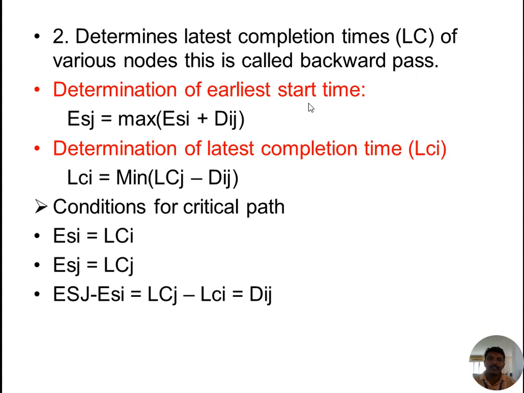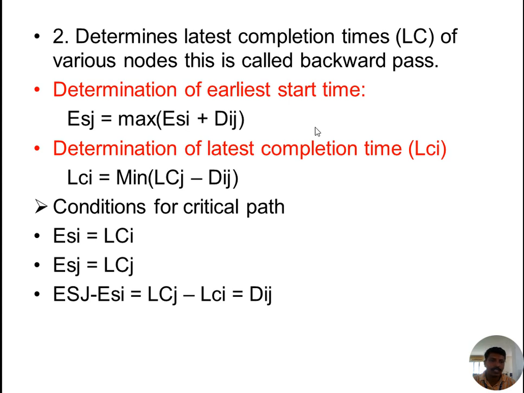To determine the earliest starting time, we use the following formula: ESJ, the earliest starting time at node 2, is equal to the maximum of ESI plus DIJ, where DIJ means duration and ESI is the earliest starting time at the starting node.